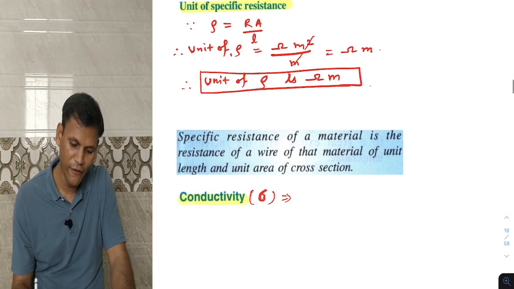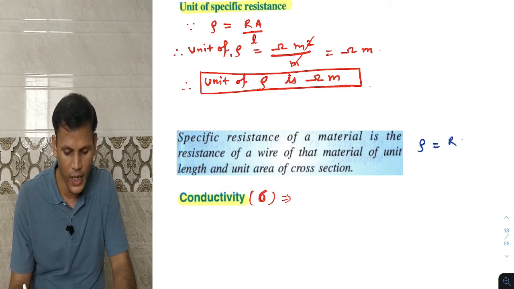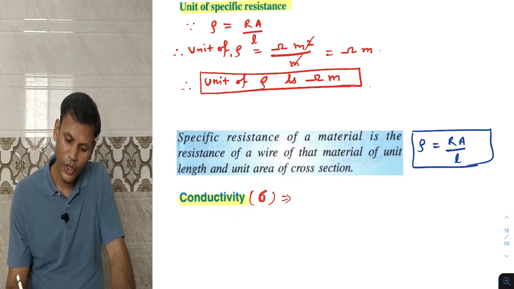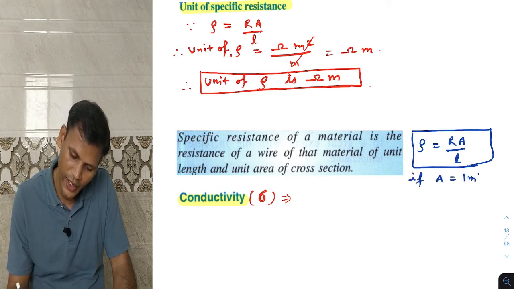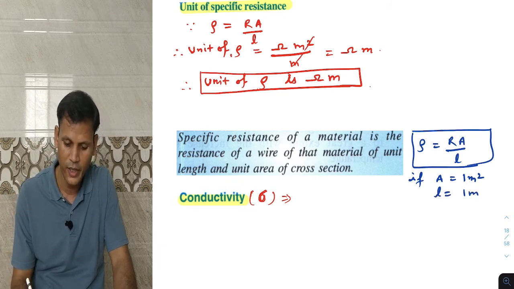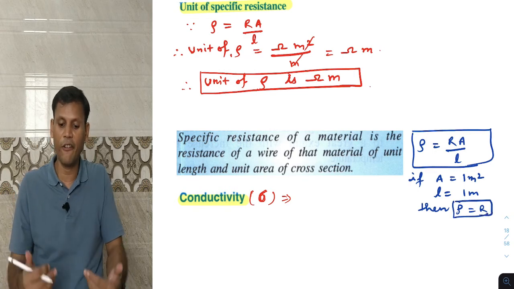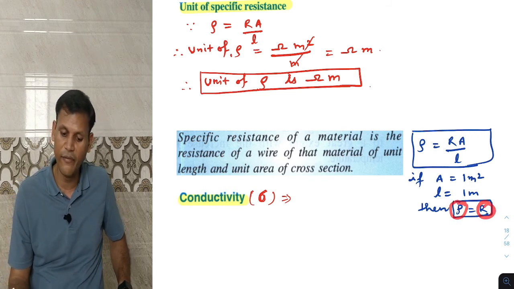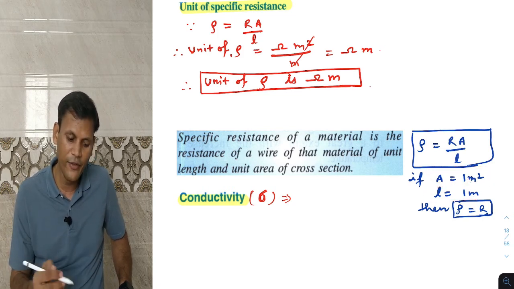Let me write the formula again. Resistivity rho is equal to RA by L. If area A becomes 1 meter square, that is unit area, and length becomes 1 meter, then rho will be R. That is what we are defining: rho, specific resistance, is nothing but the resistance of a conductor if its area of cross section is 1 meter square and its length is 1 meter.